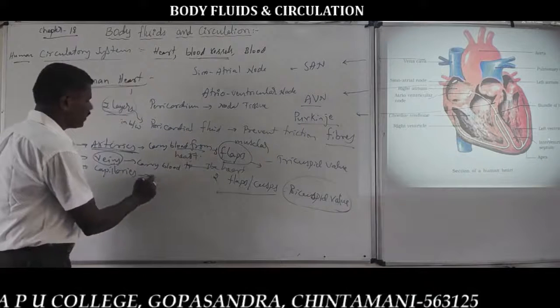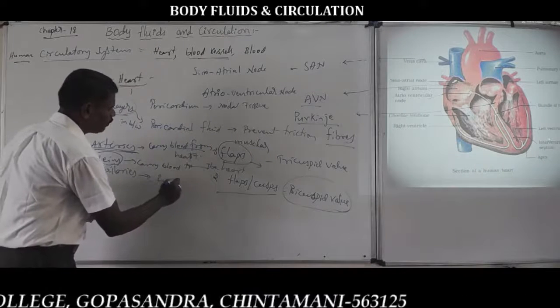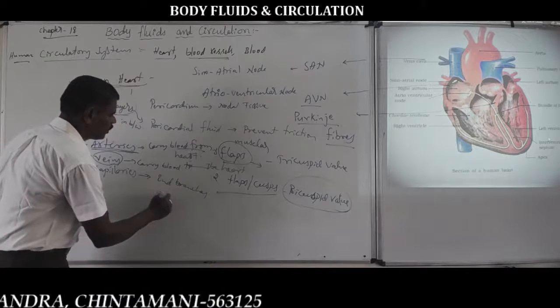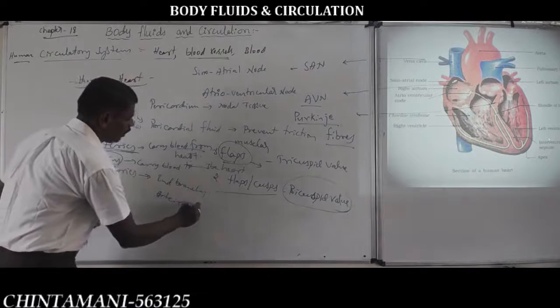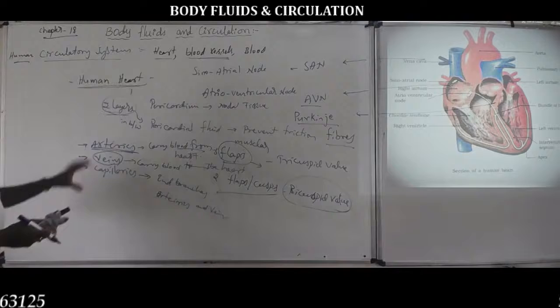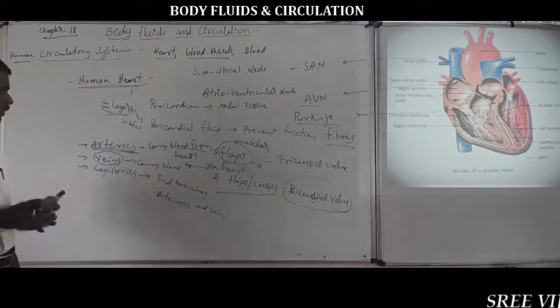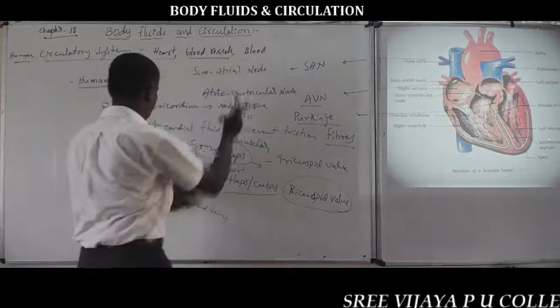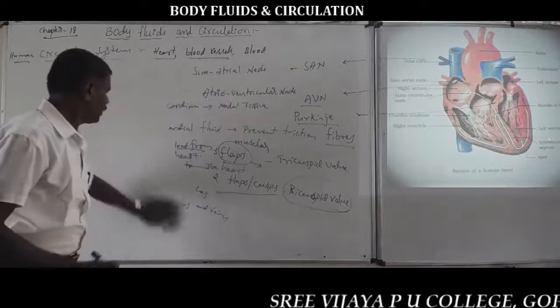The capillaries are the end branches of arteries and veins. So there are three sets of blood vessels: arteries, veins and capillaries, as we discussed already.